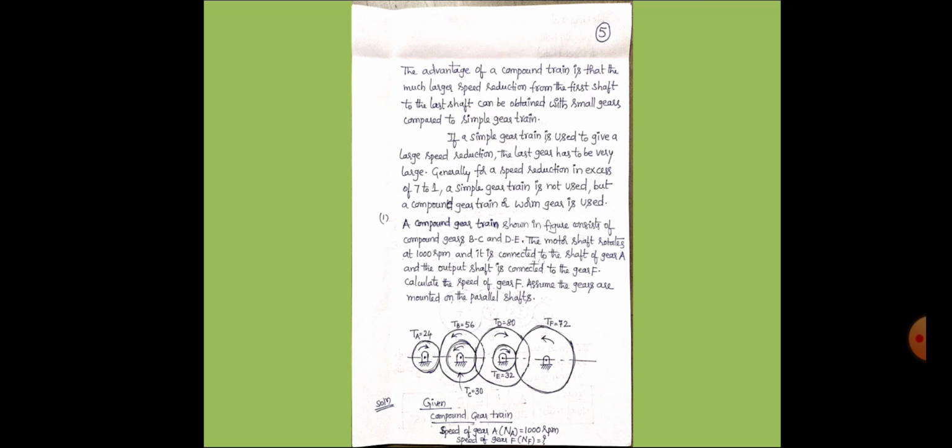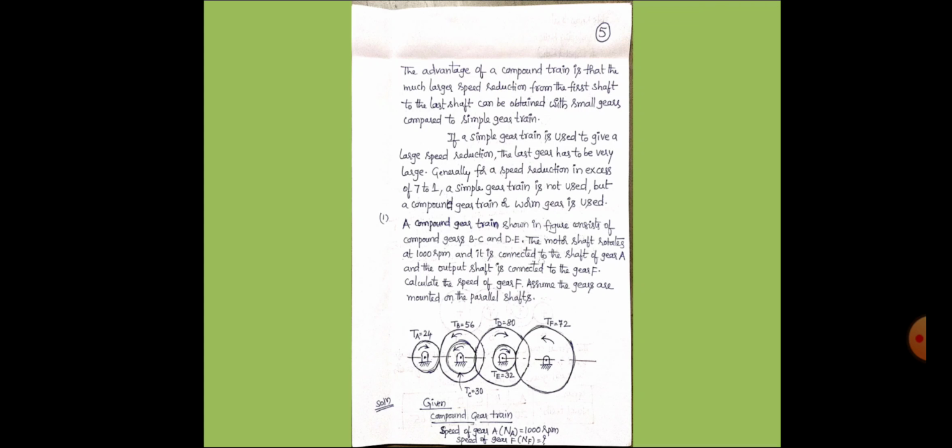Now to find NF, let us write down the velocity ratio which I told just now. So velocity ratio, or it is also called speed ratio or gear ratio, in case of compound gear train. You write down here, speed of the first driver by speed of the last driven is equal to product of number of teeth on the drivens.